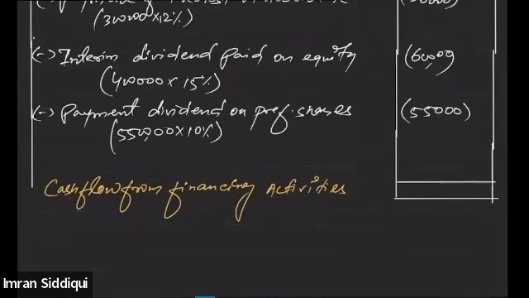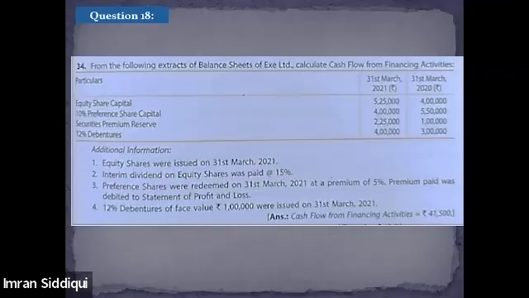So cash flow from financing activity should be positive, and I think it should be 41,500. Mariam has got the same answer, 41,500. Good, Mariam, well done. Halima, you are getting the answer 41,500. Yes, same. All right, then. So this is it.